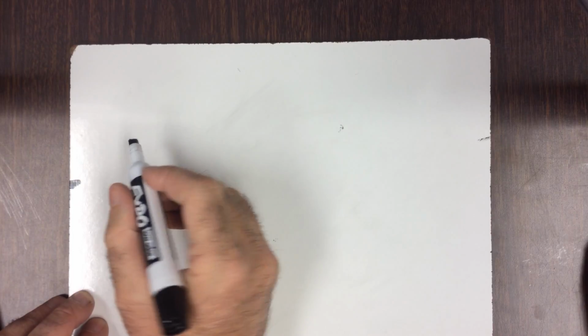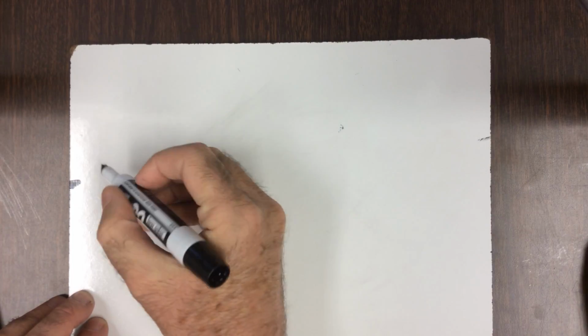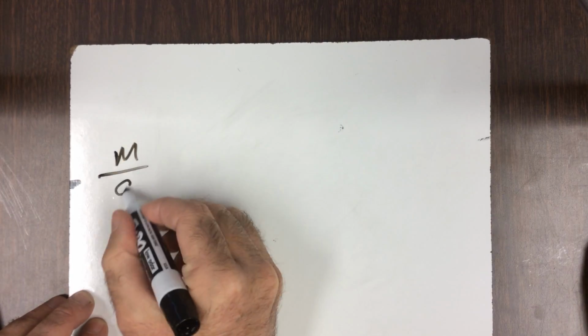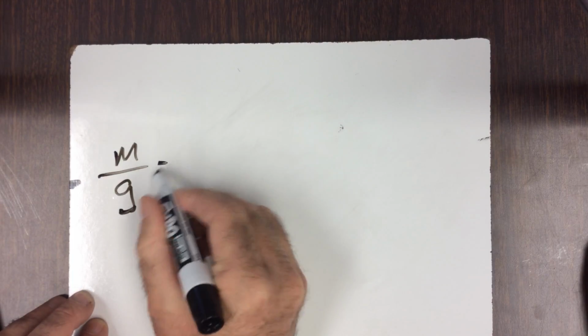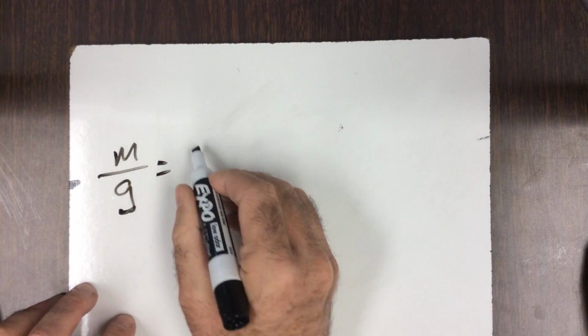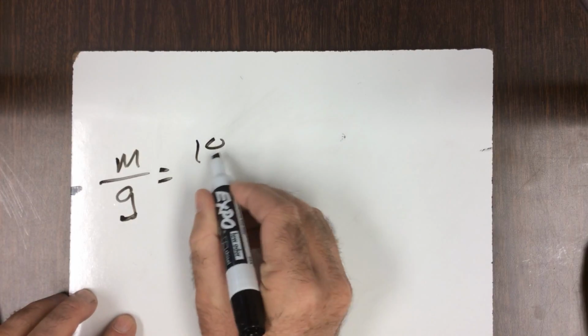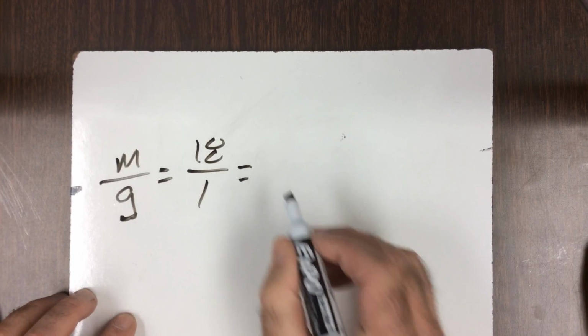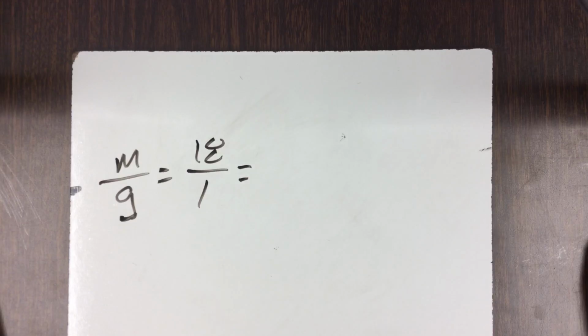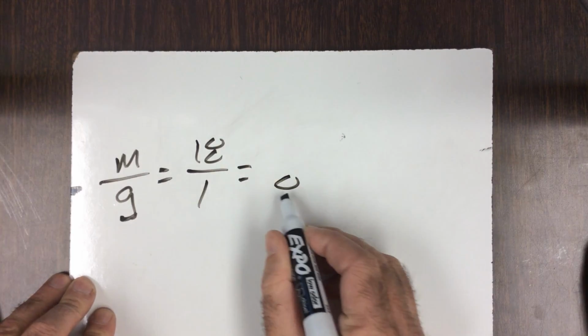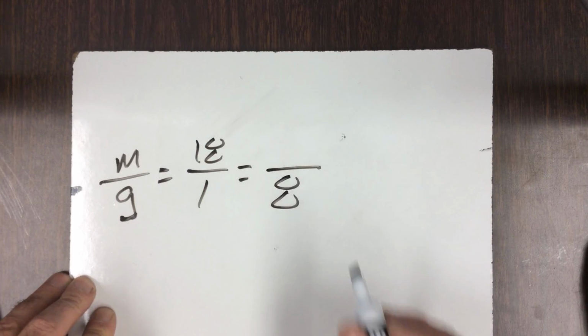Number 4, the bus to the exposition averaged 18 miles to a gallon of gas. Again, this is already set up as a rate: miles per gallons. If we're getting 18 miles per 1 gallon of gas, the question is, how far away was the exposition if they used 8 gallons? So we set up 8 across from gallons.